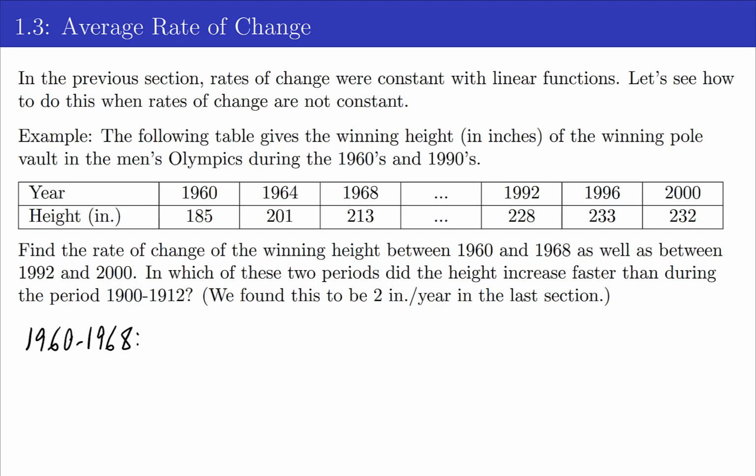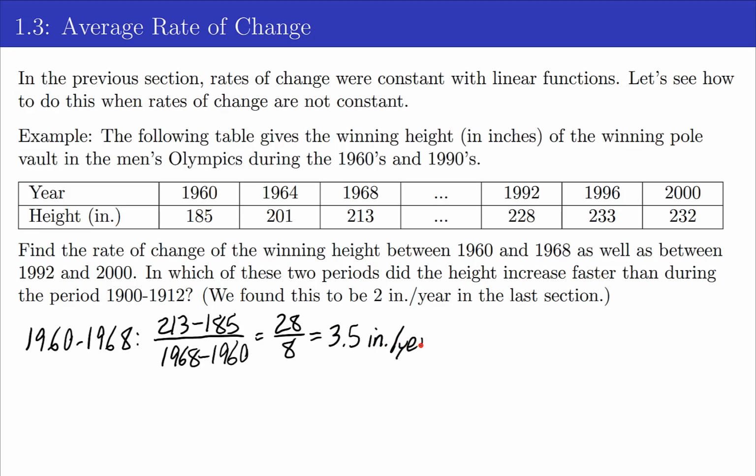So then the slope that we would be talking about would be 213 minus 185 over 1968 minus 1960. That gives us 28 over 8, which is equal to 3.5, and in the units you again have inches per year.